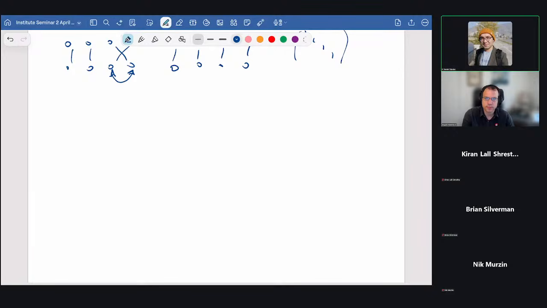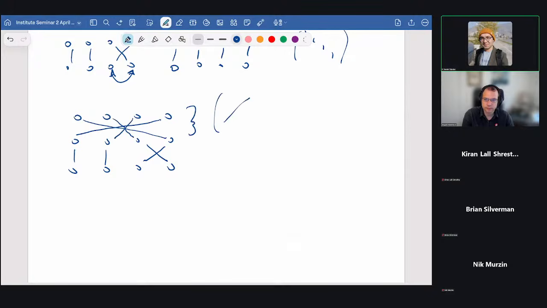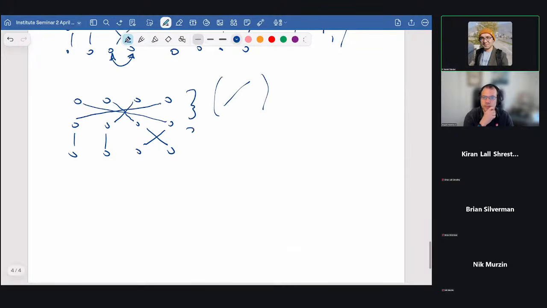Let's say we have three consecutive layers. We'll have some off diagonals, and the second layer may correspond.